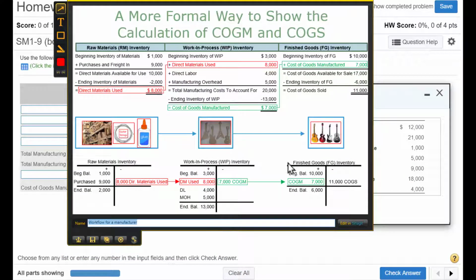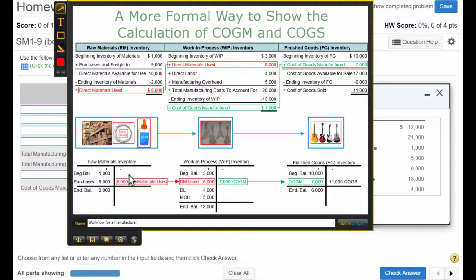This is a slide from our PowerPoint showing how the costs flow from left to right for a manufacturer. Specifically, this is showing the workflow for a company that builds guitars. They first order raw materials such as wood, guitar strings, and glue, and that increases the raw materials inventory account.